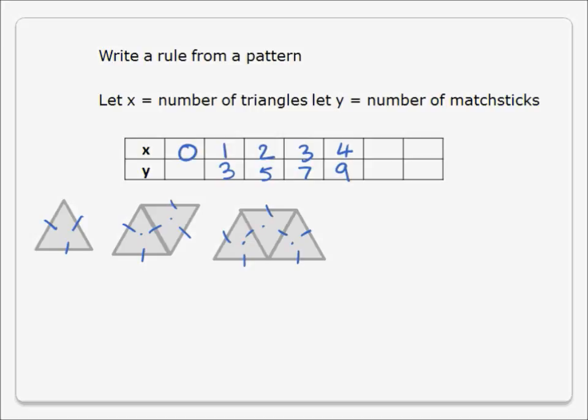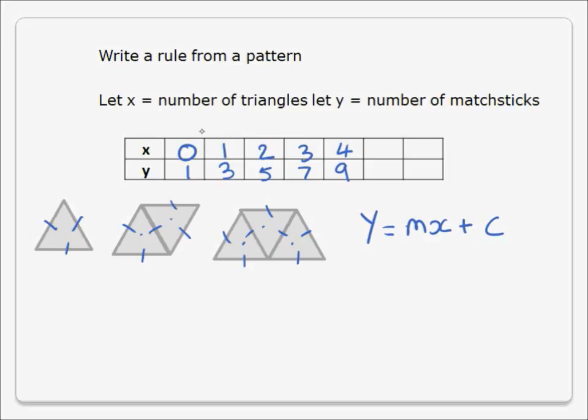Now if you go back a couple of slides, you remember that when we didn't have 0, we can actually use the numbers working backwards. So 9, 7, 5, 3. In theory, if I had 0 triangles, I would still need 1 matchstick. So the rule is going to be y equals mx plus c.